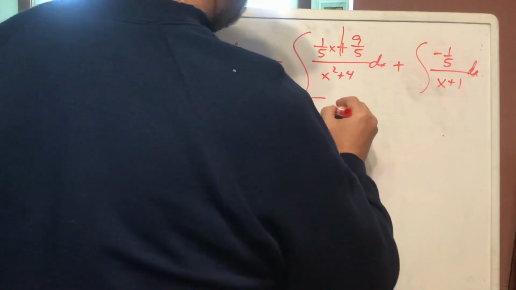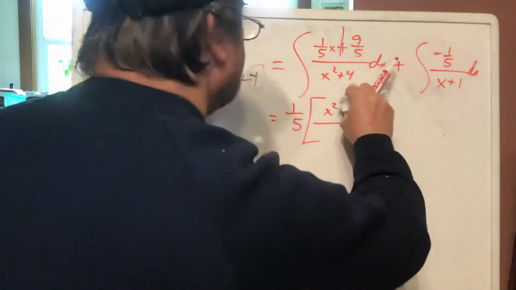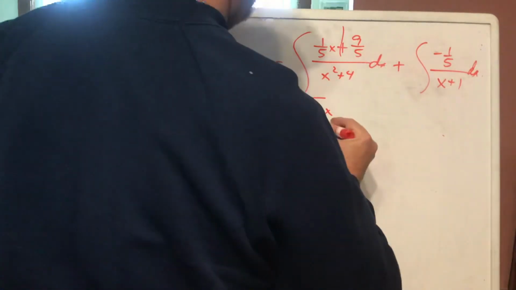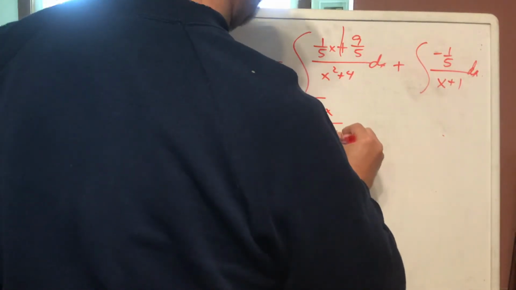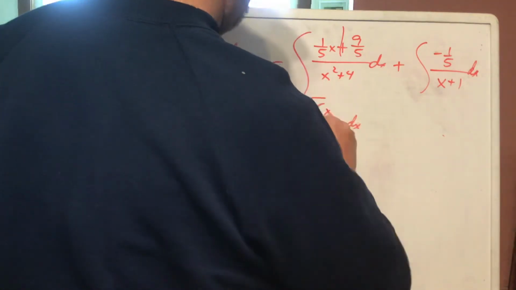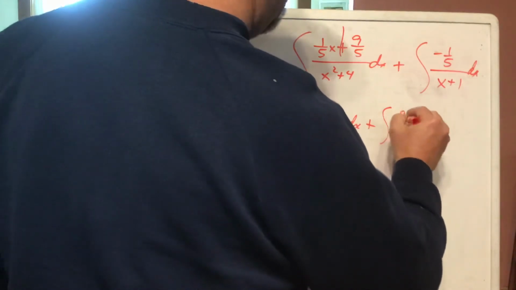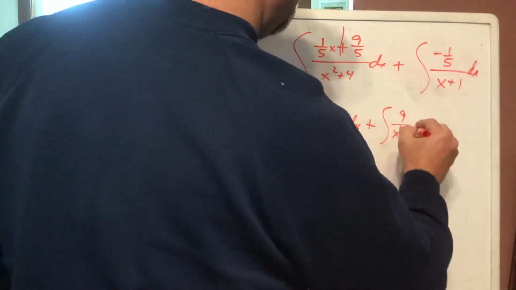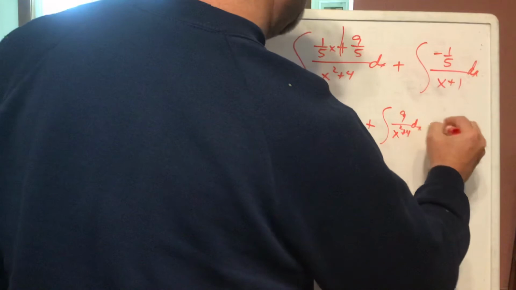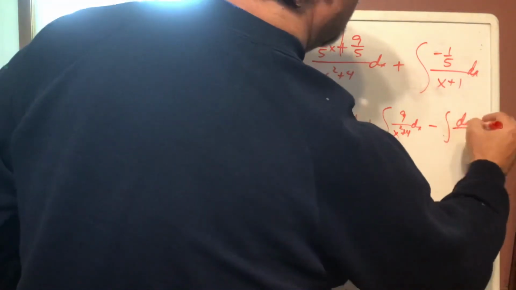So one of them is simply going to be x over x squared plus 4 dx. That's integral number 1. Plus integral number 2, which is 9 over x squared plus 4. Plus integral number 3, which is minus 1, so I'm just going to make that a minus, and that is dx over x plus 1.